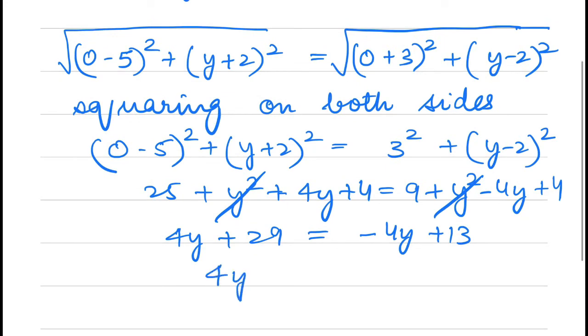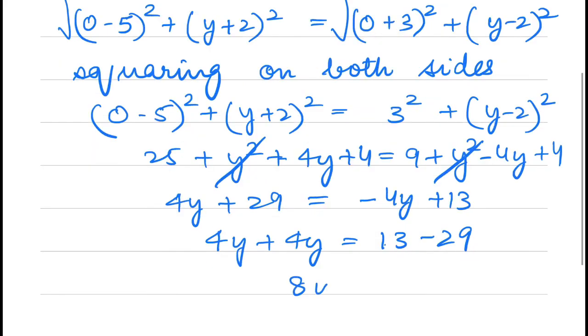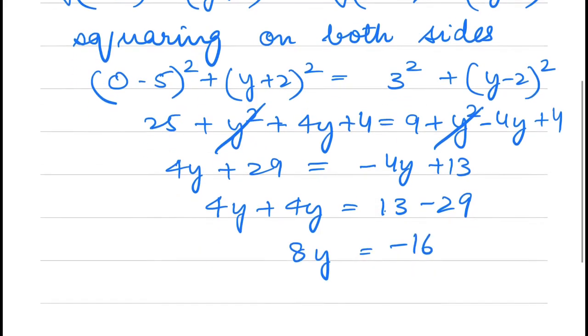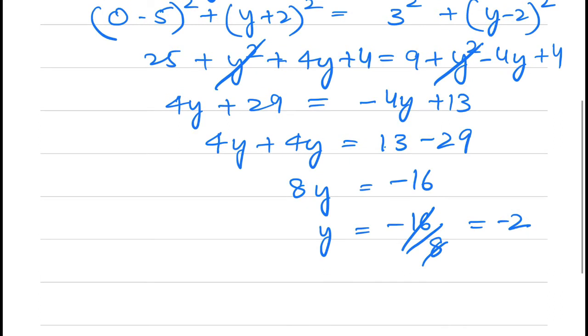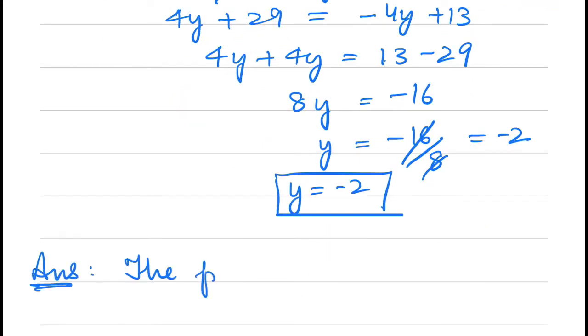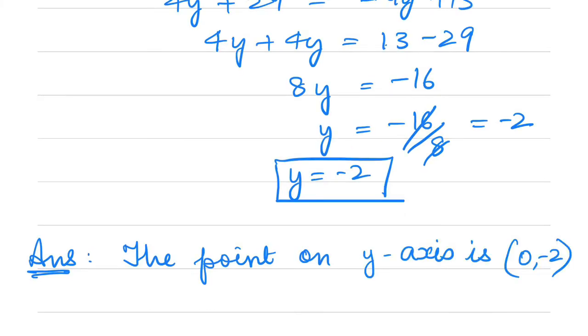So 4y plus 4y is equal to 13 minus 29, 8y is equal to minus 16. So y is equal to minus 16 by 8, which is minus 2. So y is equal to minus 2. So the answer: the point on the y-axis is (0, minus 2).